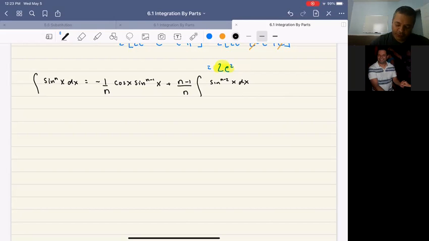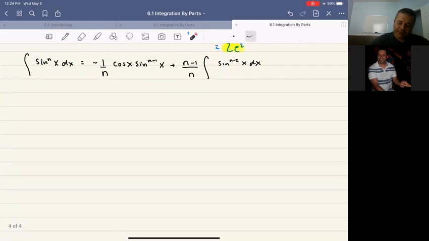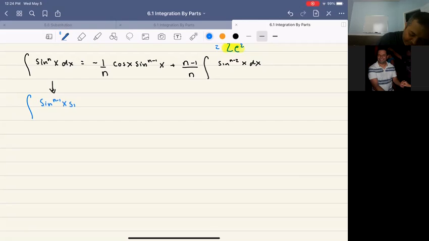The first thing we're going to do is, because we have this sine to the n minus 1 here, you sort of get the idea, let's write this as the integral of sine to the n minus 1 of x times sine of x dx. Now in this case, we're going to let this be u. Why? Because we can take the integral of sine of x, but we have a harder time taking the integral of sine of x to the n minus 1.